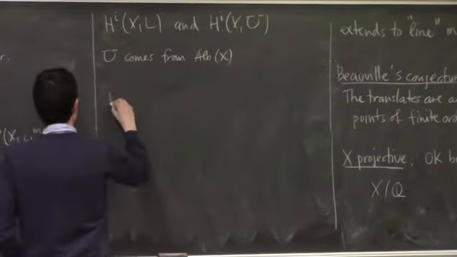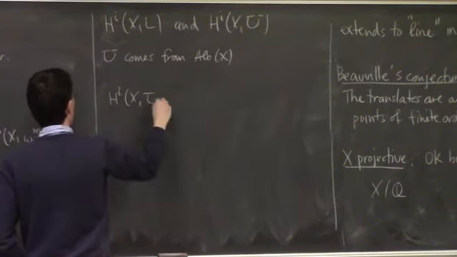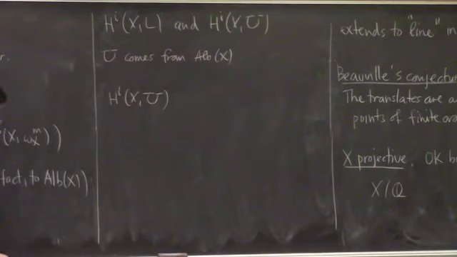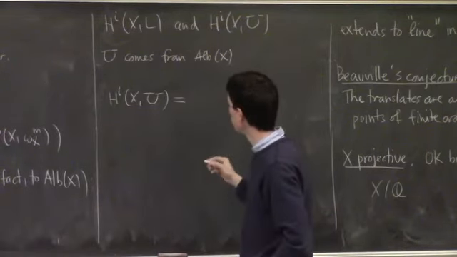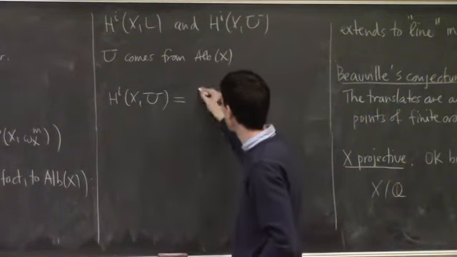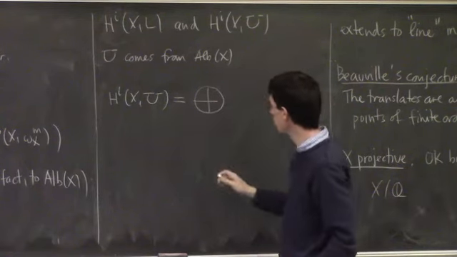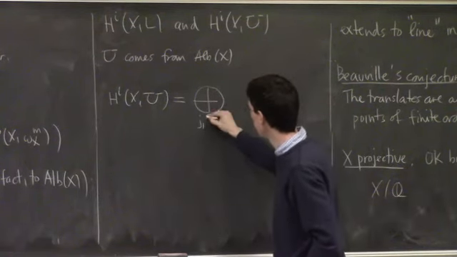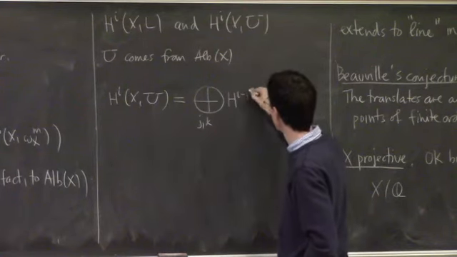Okay, and so again, the natural thing to do when you want to calculate the cohomology of this is to calculate it down on Alb(X). And again, it turns out that something very similar happens. So you can compute this cohomology in terms of cohomology groups downstairs on Alb(X), just like this.